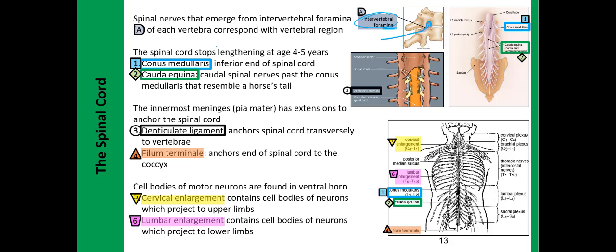When you look over here, you see that the spinal cord stops lengthening at the age of 4 to 5 years old. And so the end of the spinal cord proper ends in a cone shape called the conus medullaris.